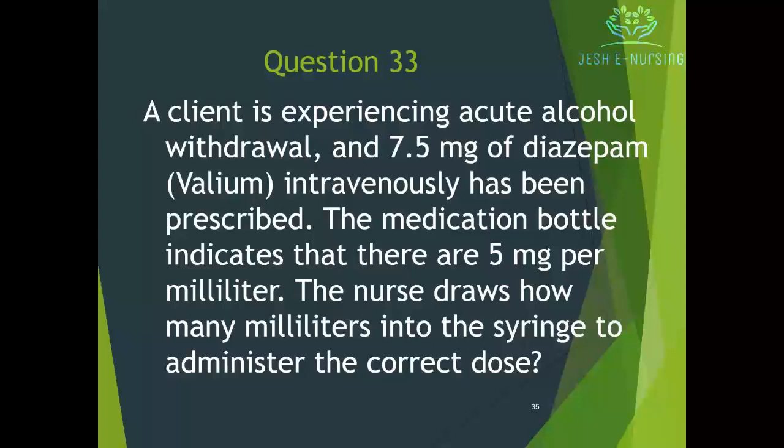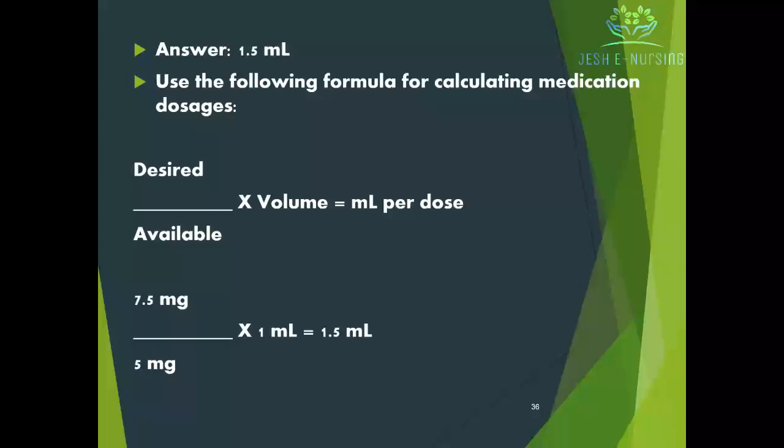The formula is doctor's order multiplied by amount, divided by available dose. So the same formula we need to apply here. Doctor's order is 7.5 mg, available dose is 5 mg per milliliter. So we put it into the formula: 7.5 mg times 1 ml divided by 5 mg equals 1.5 ml.